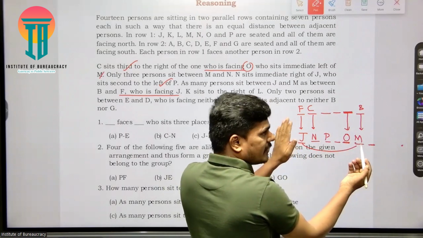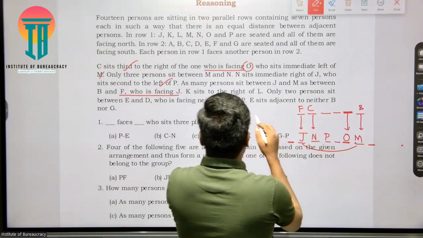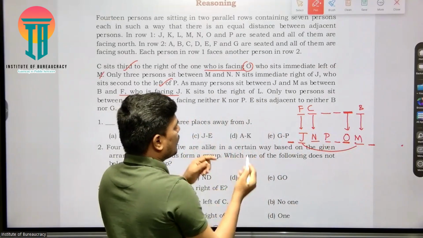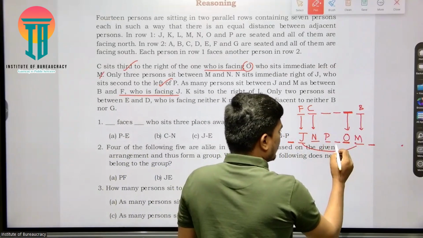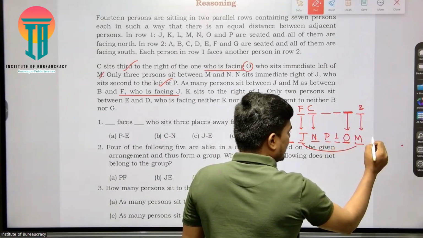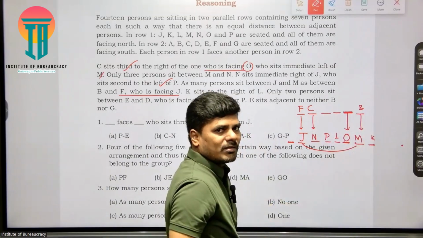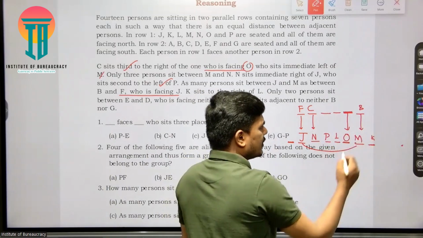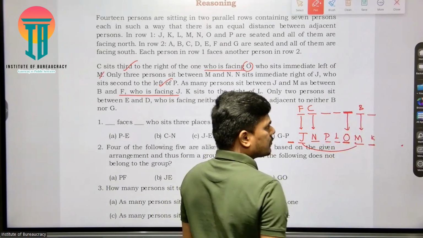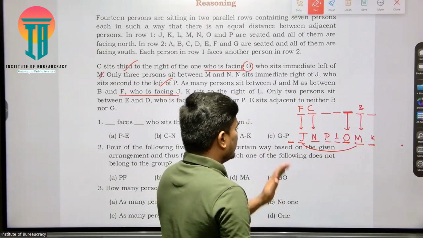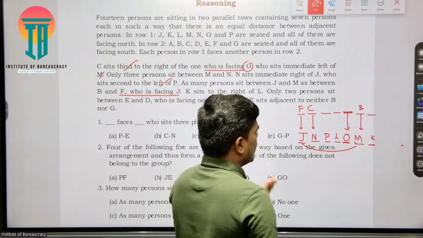So any possibility is there. Now what are they saying? K sits to the right of L. So right of L means one possibility is here L, here K. This is one possibility. Suppose if I go with this, let's see what happens.